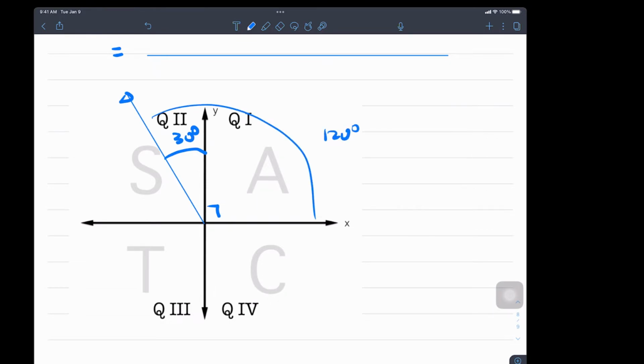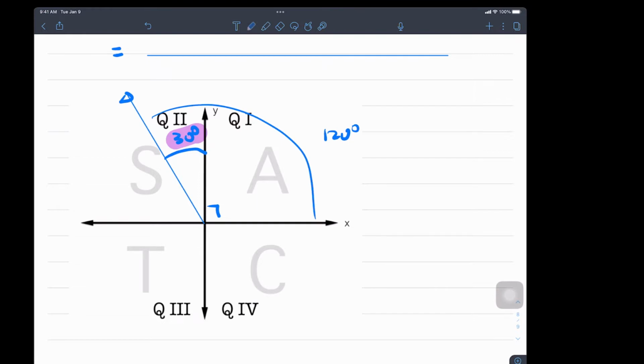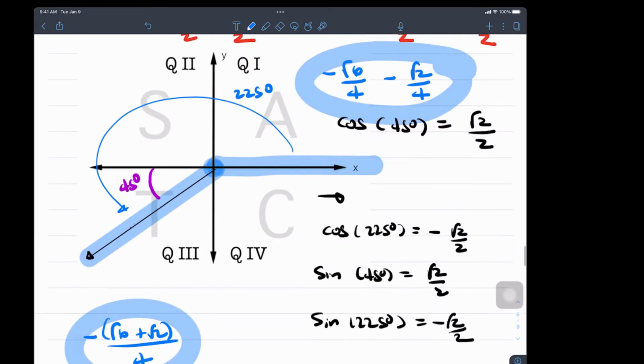So it's a quadrant 2 angle, only sine's positive. So the reference angle is what? 30. So I need to know what tangent 30 is. Because whatever tangent 30 is, tangent 120 is minus that. So tangent 30 is what?